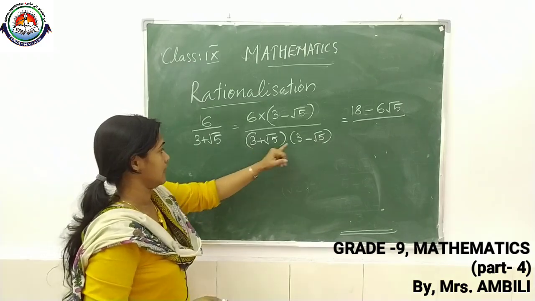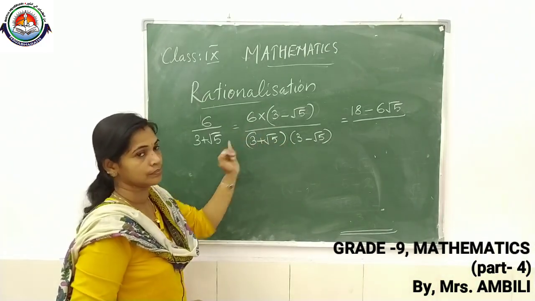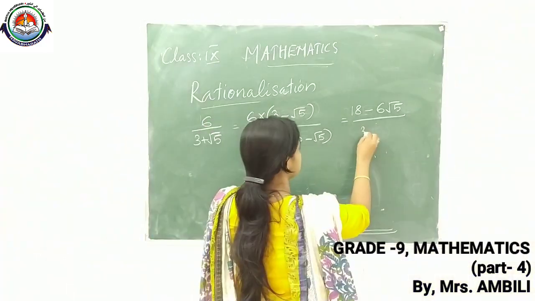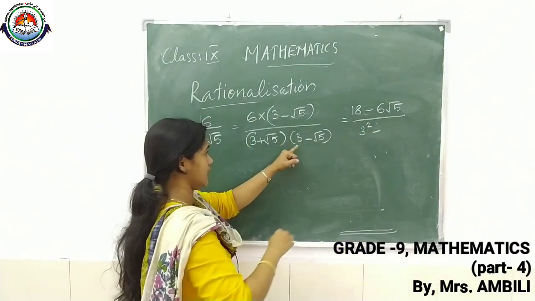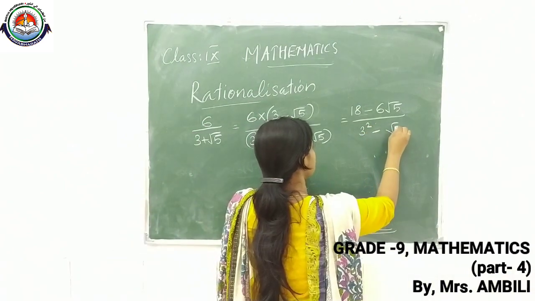Okay, what is a? 3 square minus root 5 whole square.